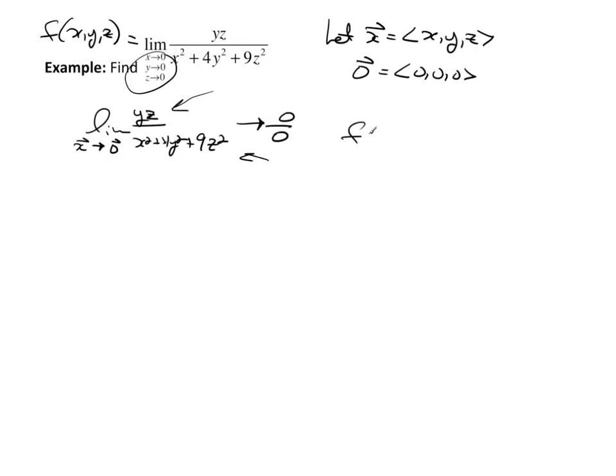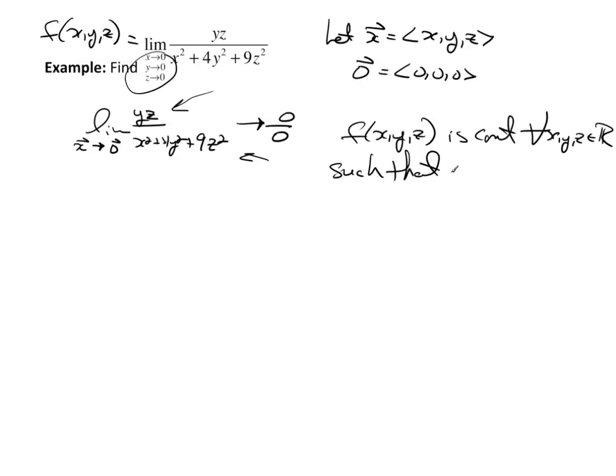I can say that f of x, y, z is in fact continuous for all x, y, z such that x squared plus 4y squared plus 9z squared is non-zero.